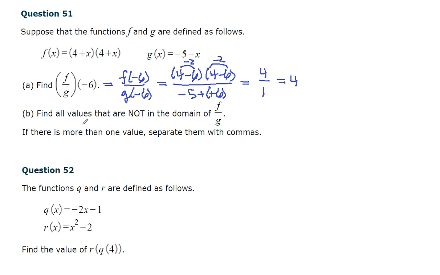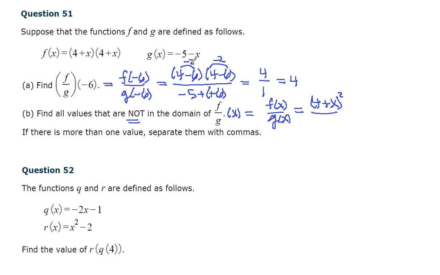And then they ask us, find the values that are not in the domain of f divided by g. Okay, well, that means f divided by g at x, which means look at f of x divided by g of x, that equation. So your f of x on top is going to be 4 plus x times 4 plus x, which is really 4 plus x squared.